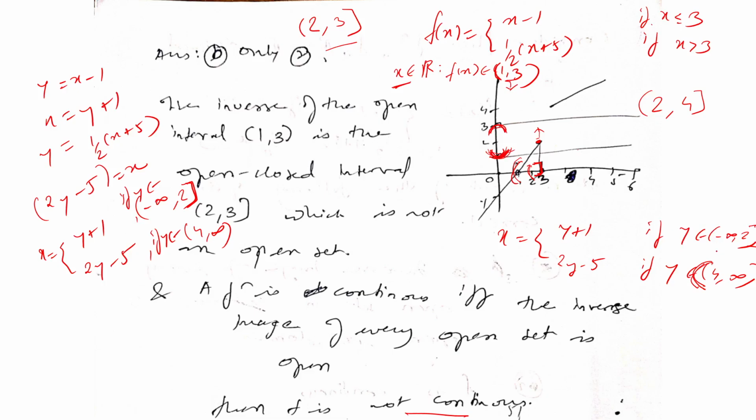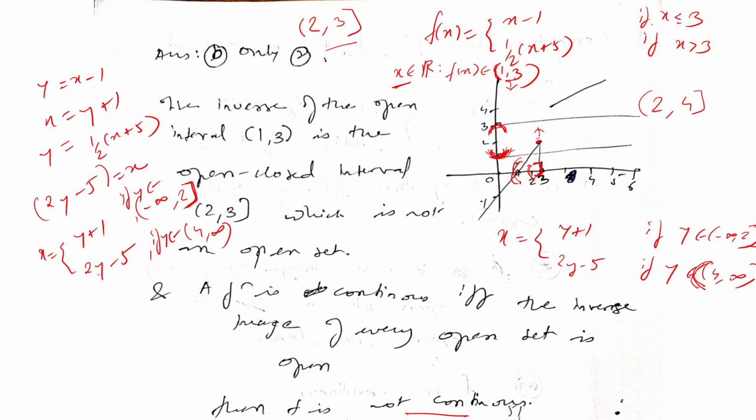So for 1, you are getting 2. Now for 3, you need to find the elements x belonging to R on the x-axis such that its image lies in between 1 to 3.